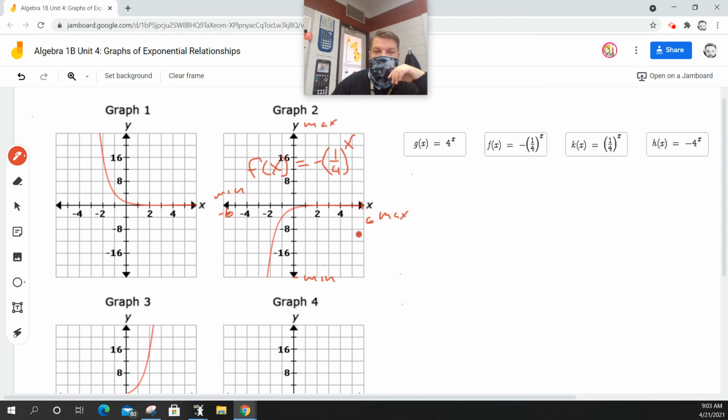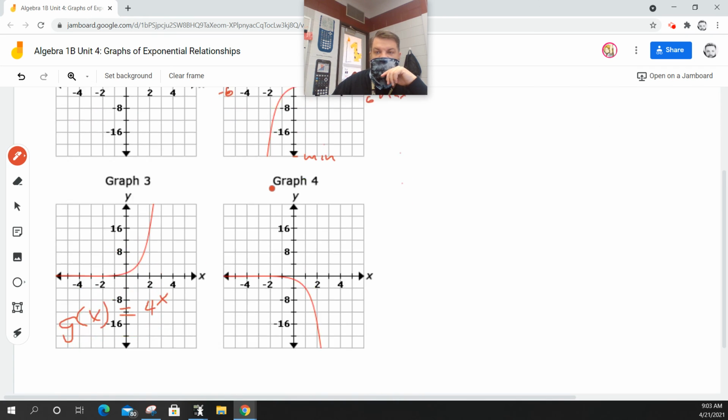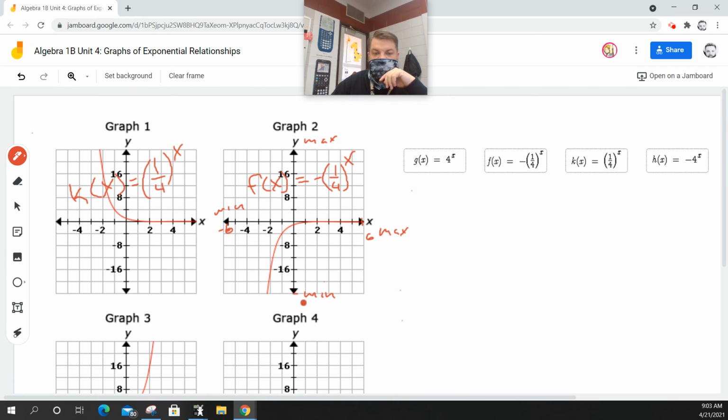So this one is going to be k of x is equal to positive 1/4 raised to the x. And then the last one is just going to be the negative 4. So this would be h of x is equal to negative 4 raised to the x.